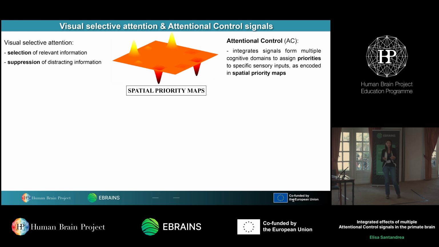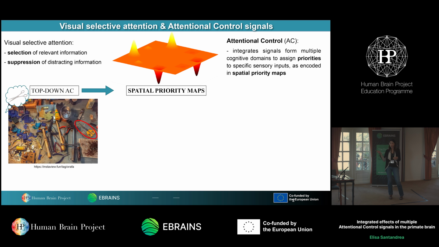This is just a cartoon of a spatial priority map, which is a neural representation in the brain, organized topographically, and which represents space and all the sensory information within the external environment in terms of attentional priority. And attentional priority is, again, computed on the basis of very different signals.